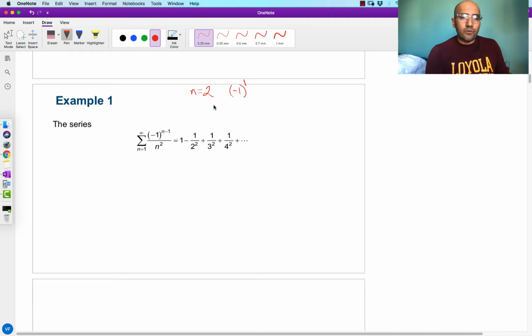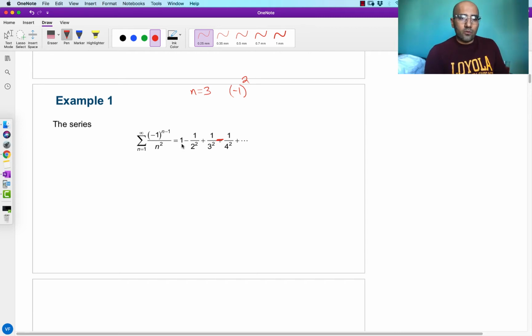When n equals 3, we'll end up with 3 minus 1, which is 2. So the third term should be positive, and then the next term is going to be negative. So this is where there's a little mistake here. This should be minus 1/4.